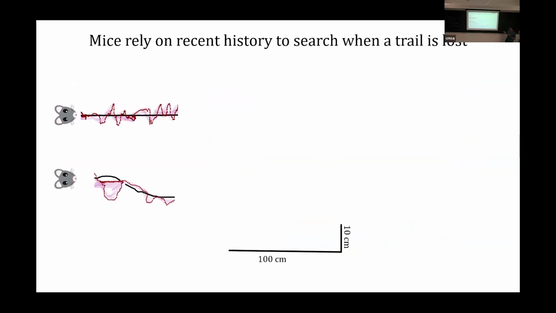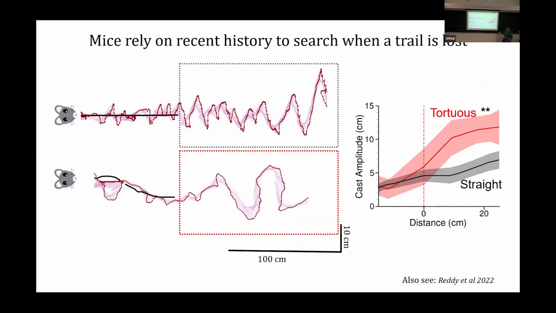So, coming to the first part, here is an example of what happens when there is a break in the straight section. The animal makes these casts that increase. What is interesting is that when you have a trail that's more tortuous, the casts open up faster. If you were to just look at the side-to-side extent of the cast, you find that coming from a tortuous trail, this is opened up faster.